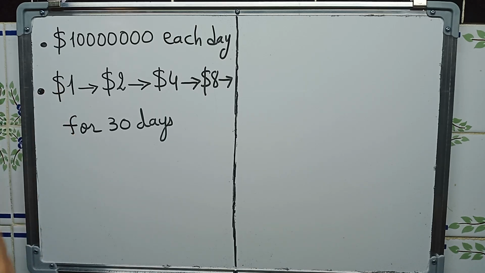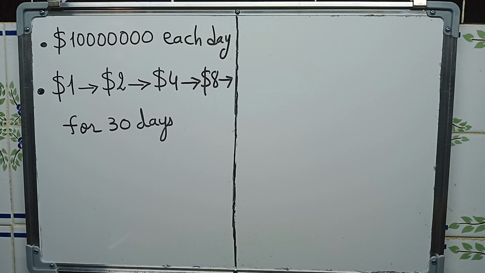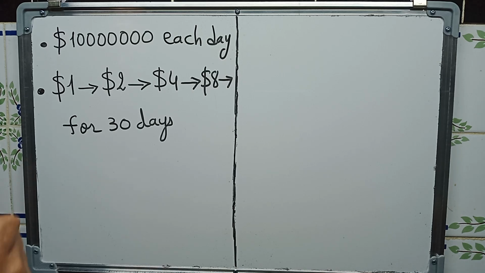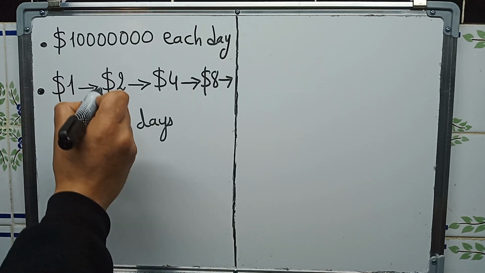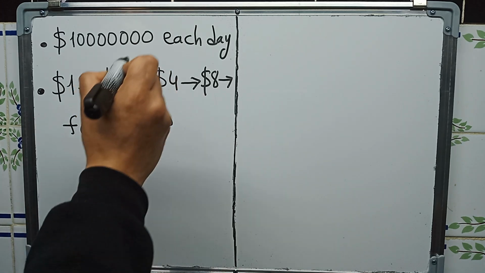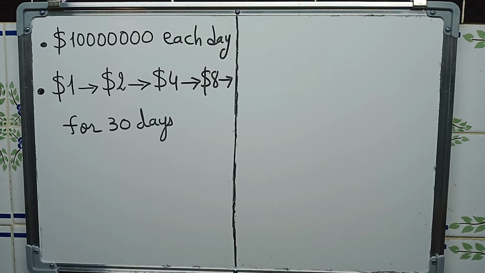The second option starts small, just with $1 the first day, but then your salary doubles each day, meaning the first day $1, the second day $2, the third day $4, and doubling for 30 days. Which one do you choose?